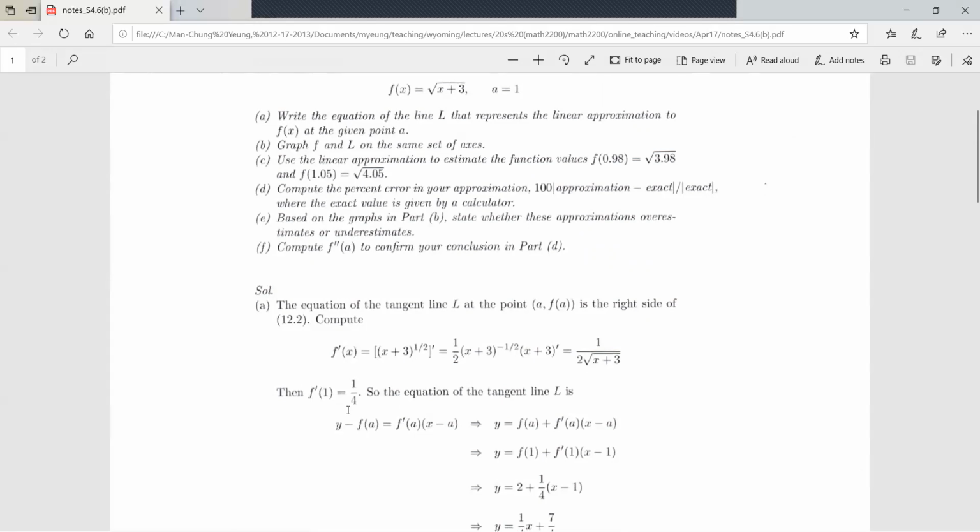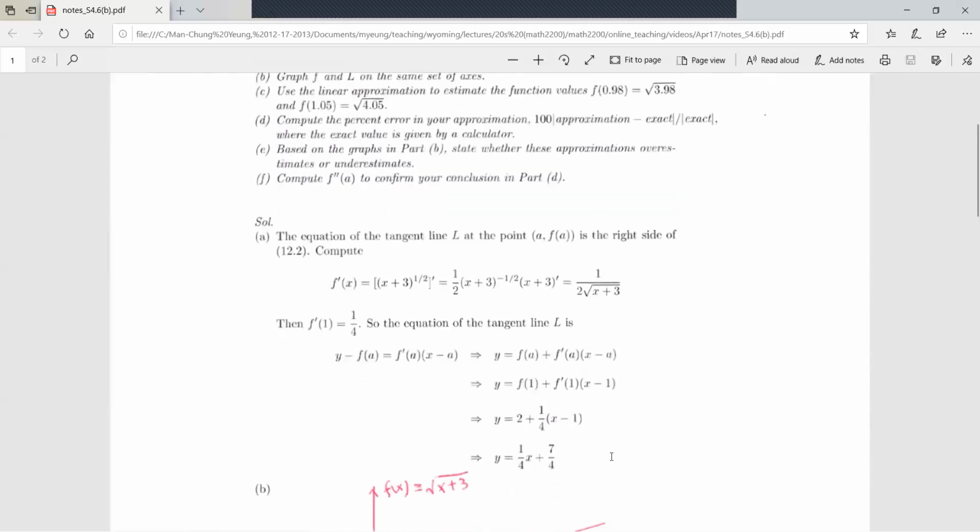Now I have the slope, and I have one point on the tangent line. By the point slope formula, I can write down the equation. This is the point slope formula. This is y1, the function value at a. This is the slope of the tangent line. a is 1, so plug in 1 here. The function value at 1 is 2.